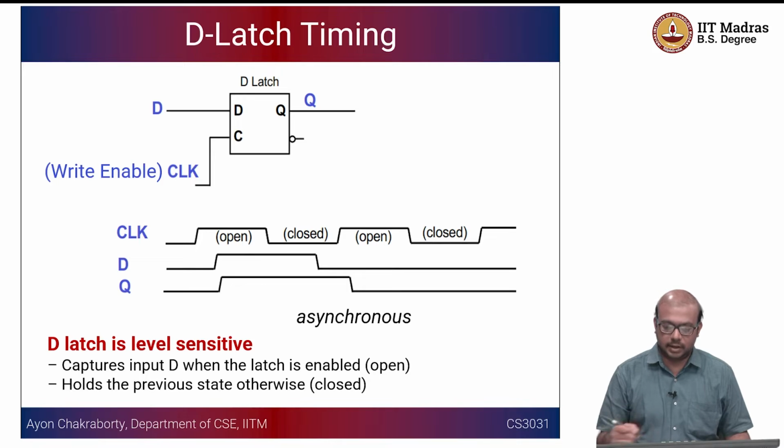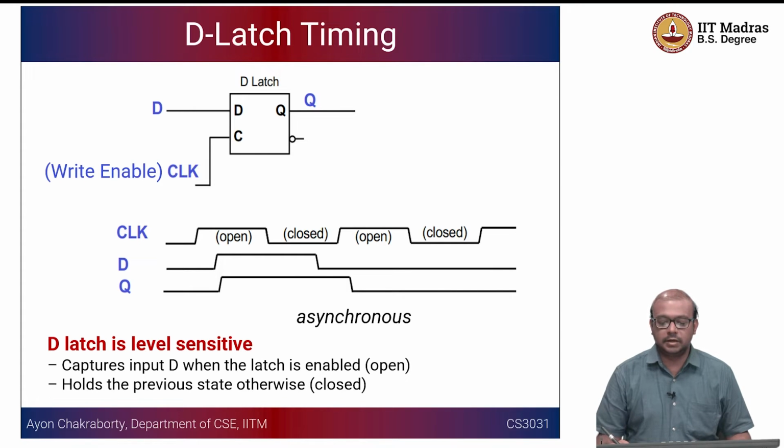If I again repeat what is meant by level triggered: when the level of the clock is set to logic high, that is the time when the input is copied to the output, and if the clock value is set to low level or logic low, it is disabled. So the input may change, but that input is not going to be reflected on the output of the latch. Okay, that is something that we need to remember.